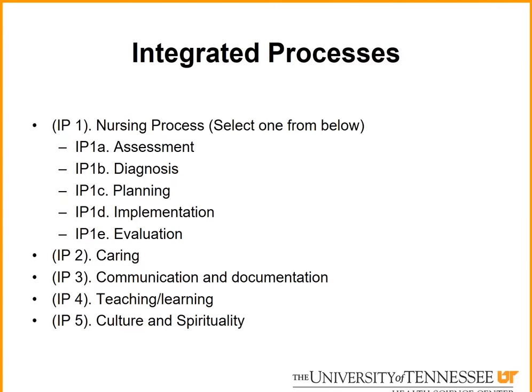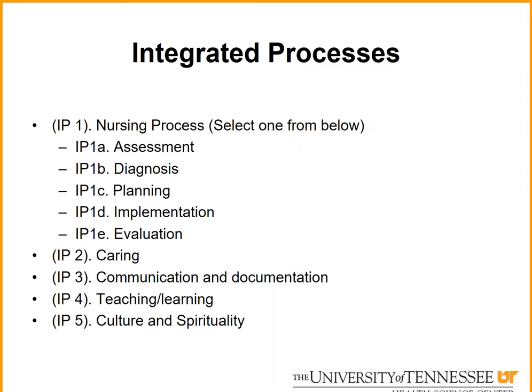Another category that we map to is the integrated processes. One of the things that faculty often struggle with, and I'll show you later one of our reports, is the nursing process. So for the nursing process, we code that as an IP, integrated process.